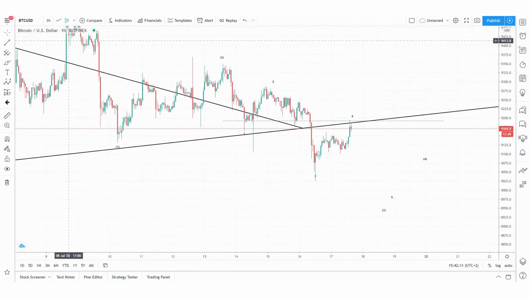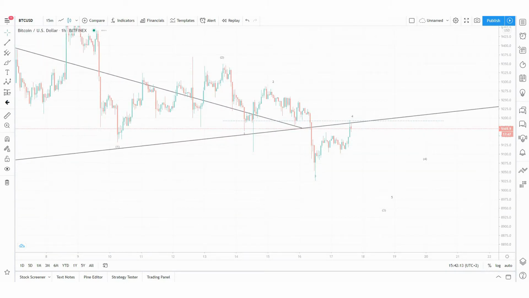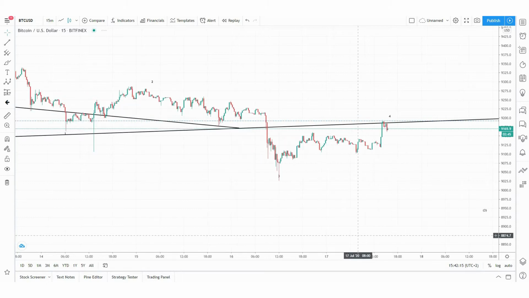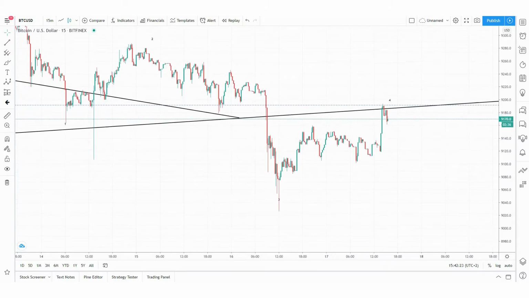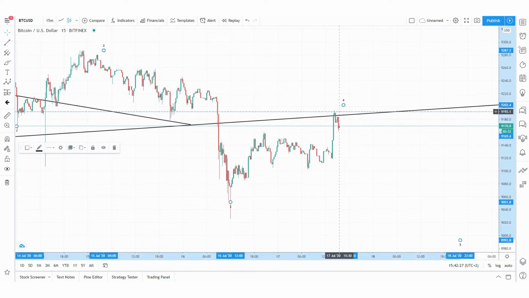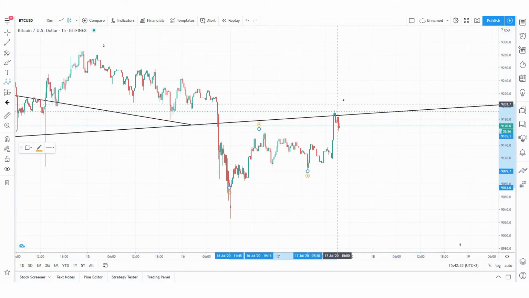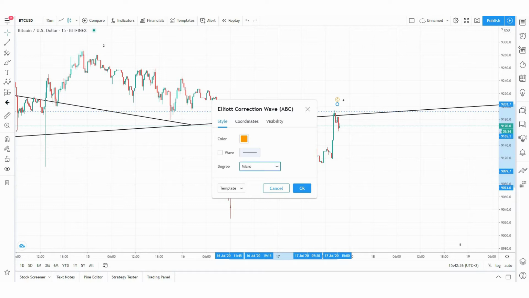Now this is a bit tricky because looking at the smaller time frames, the price action gets a bit choppy, but we can see 1, 2, 3, 4, 5 here, 1, 2, 3, and this should now be another C wave made in a 5-wave manner for this count to be a lower degree corrective ABC, something like this.